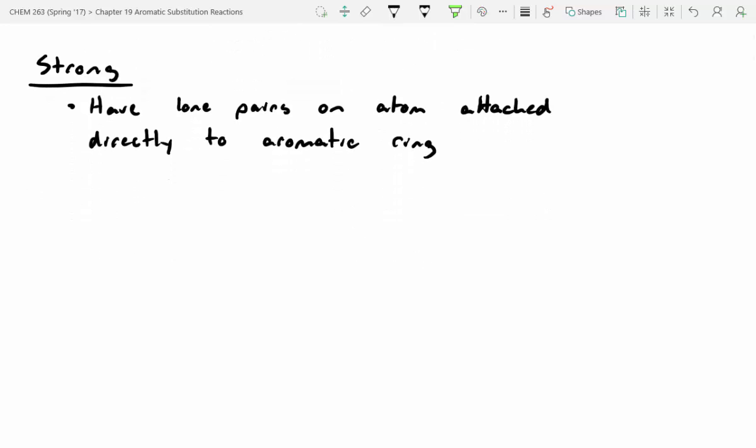So let's take a look at some examples. What's this compound called? Phenol, or hydroxybenzene, if you want to go old school or not follow normal nomenclature rules. All right, what I want you to do is draw all of the resonance structures for phenol.